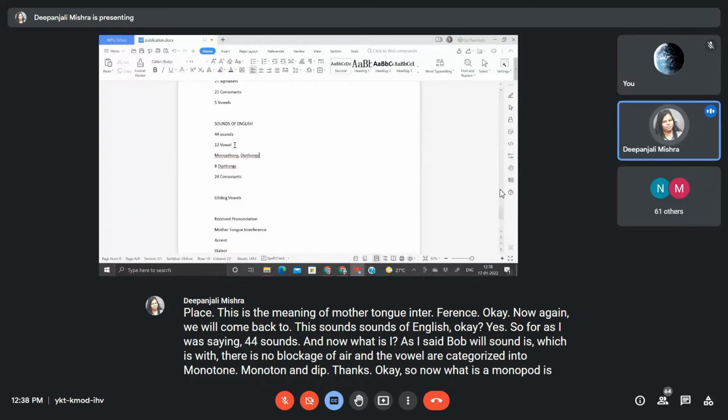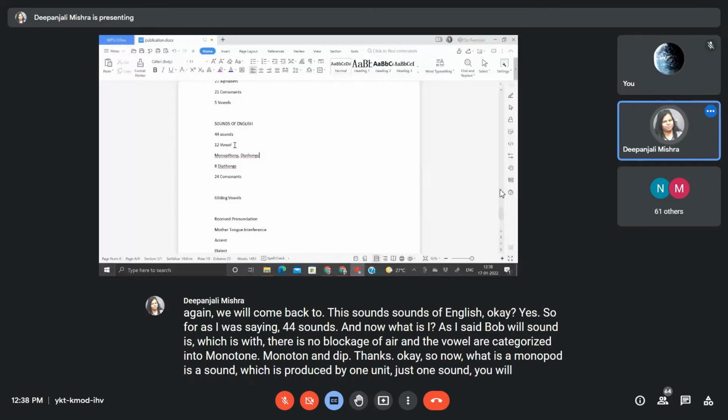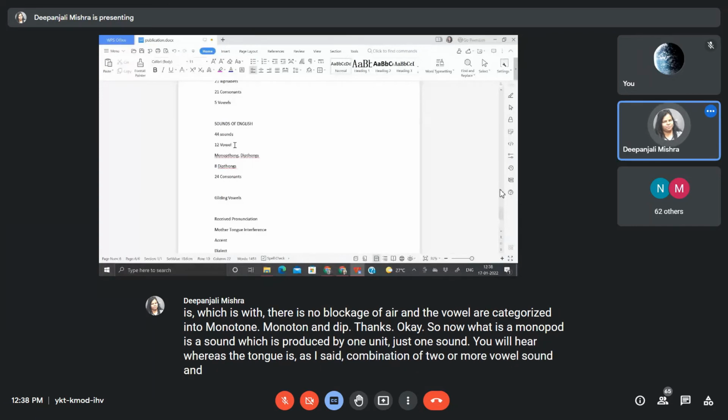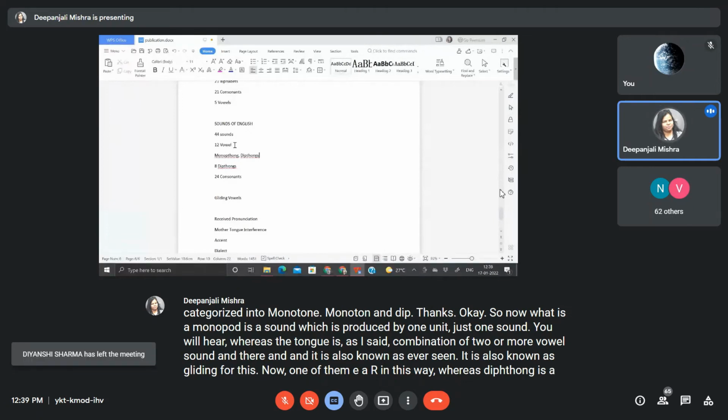A monophthong is a sound which is produced by one unit, just one sound you will hear. Whereas a diphthong, as I said, is a combination of two or more vowel sounds, and it is also known as gliding vowels. Now monophthong is e, a, in this way, whereas diphthong is a, ow in this way.